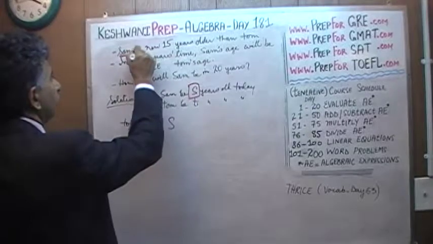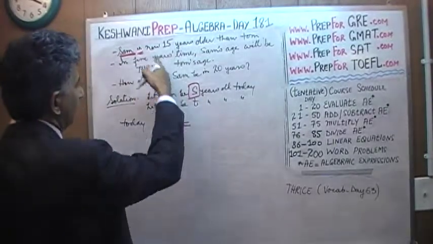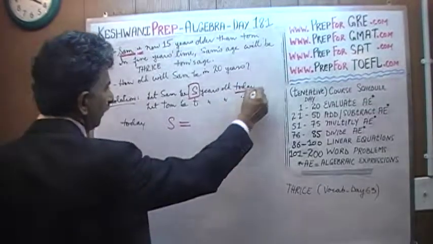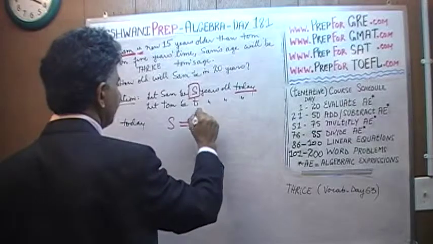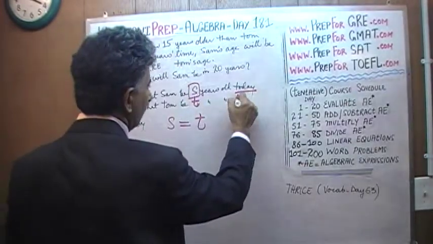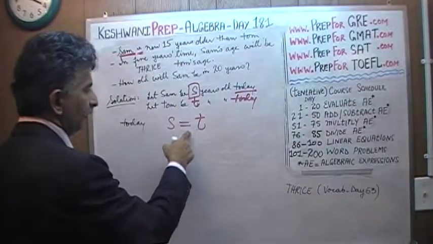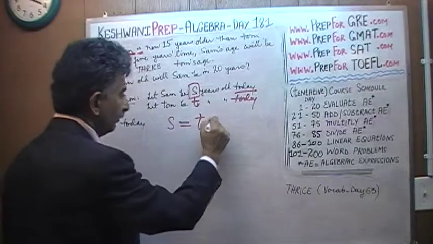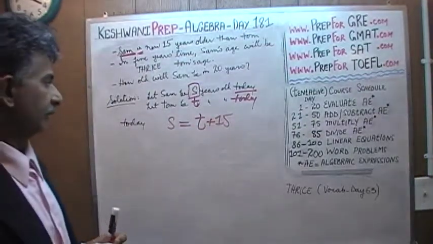How do you write is? Is means equal. Sam is now 15 years older than Tom. So this is Tom's current age today. And Sam is whatever Tom is plus 15 more. Voila. That's our first equation.